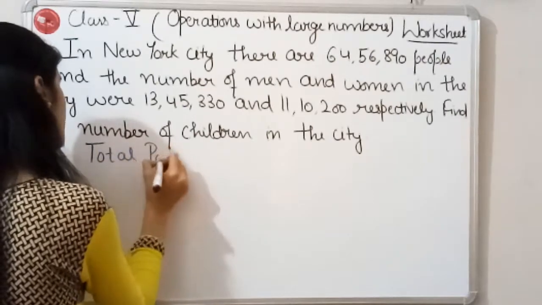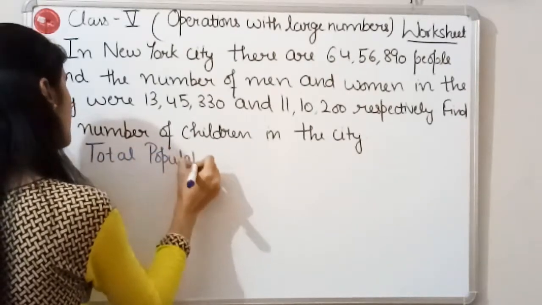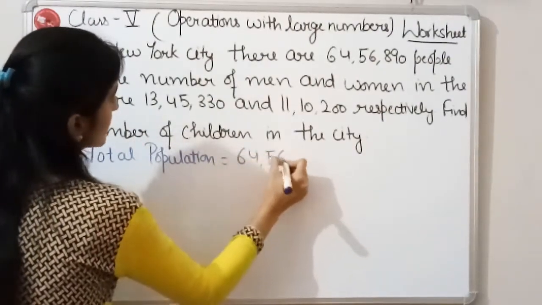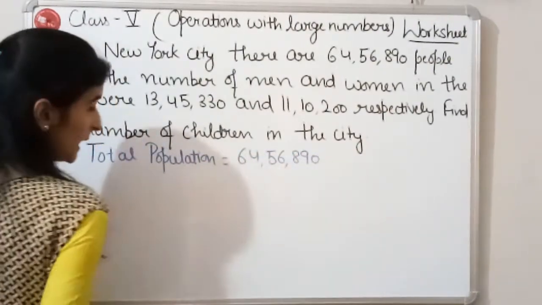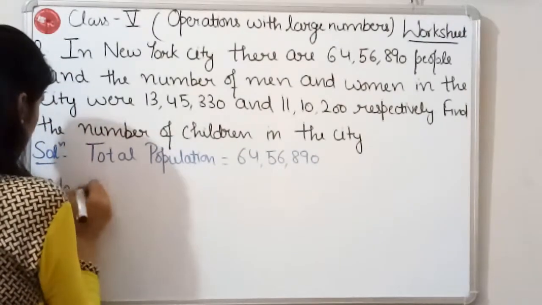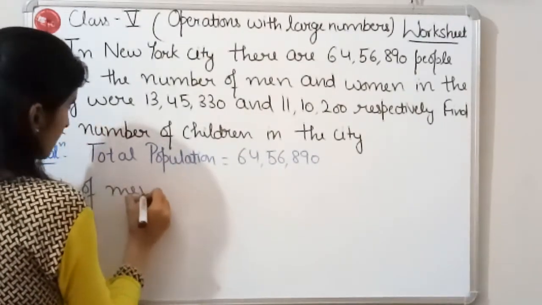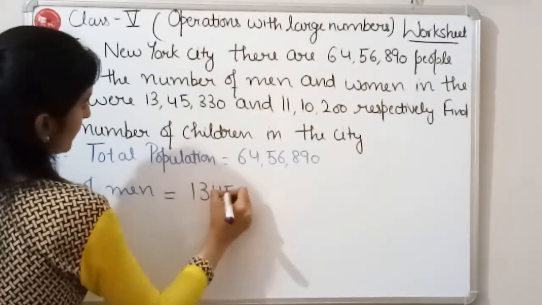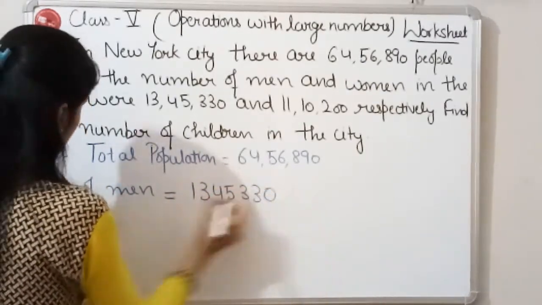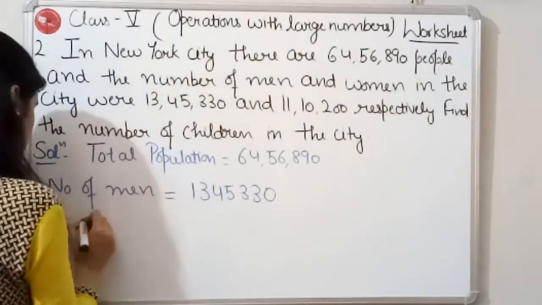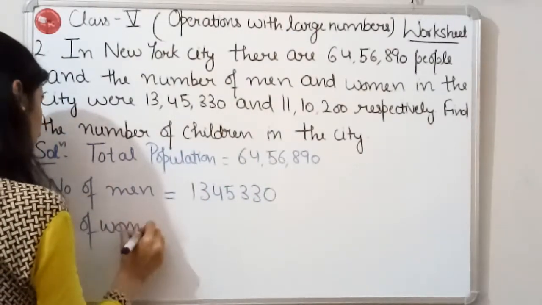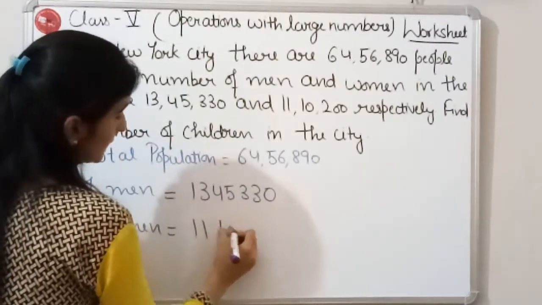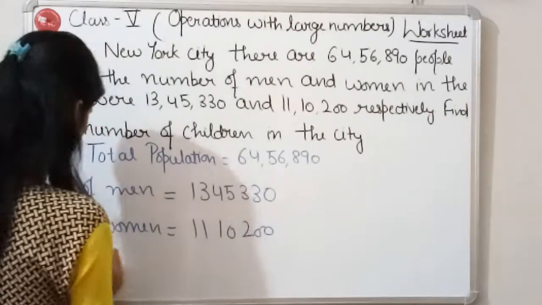Total population, what is the total population of the city? 64,56,890. And then the number of men are 13,45,330. Number of women are 11,10,200.